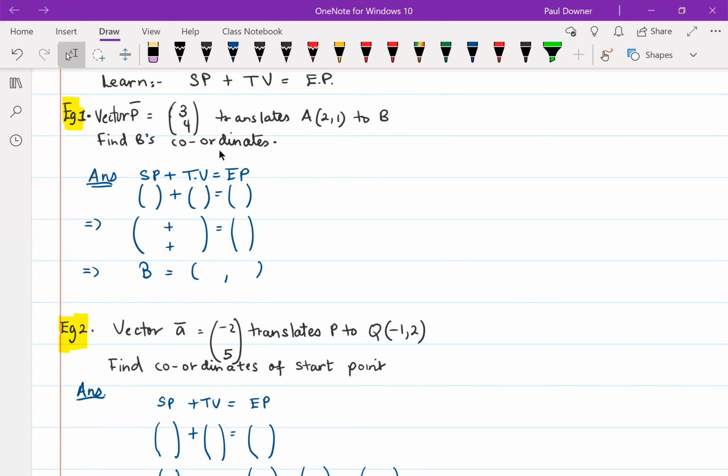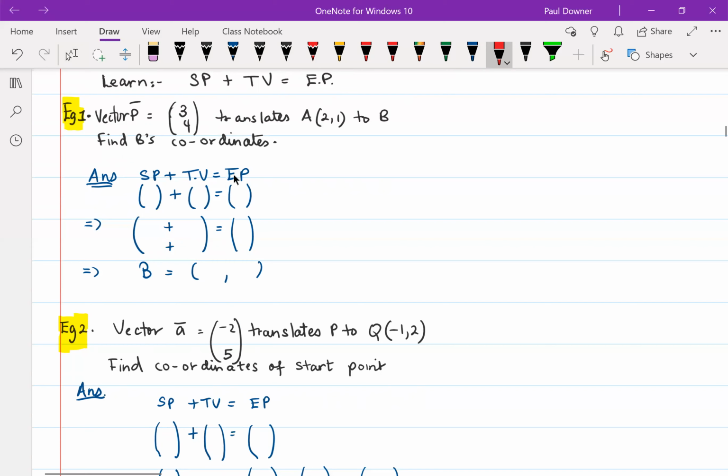But the answer is quite simple, because in this answer, we are going to use the equation that we had, right? What is the equation? The equation is start point plus translation vector is always going to give us our endpoint. All right, so that's what we're going to use, which is this equation here.